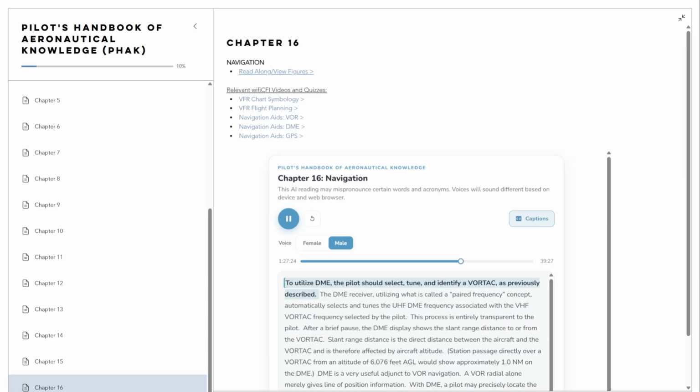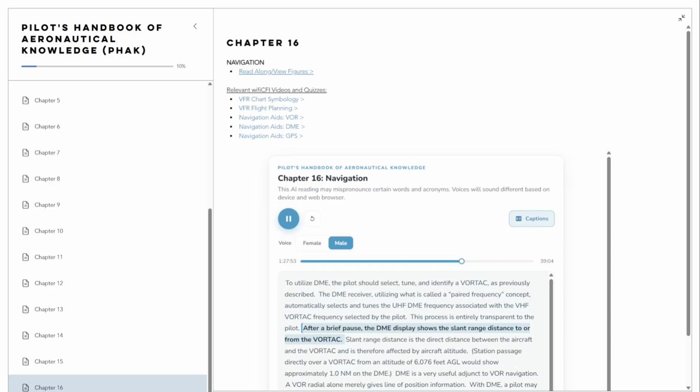To utilize DME, the pilot should select, tune, and identify a VORTAC, as previously described. The DME receiver, utilizing what is called a paired frequency concept, automatically selects and tunes the UHF DME frequency associated with the VHF VORTAC frequency selected by the pilot. This process is entirely transparent to the pilot.